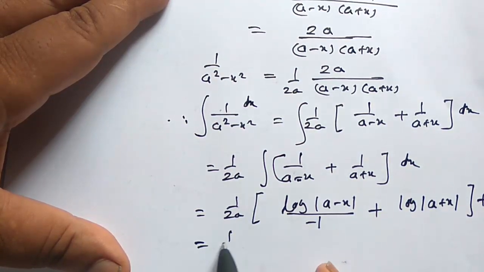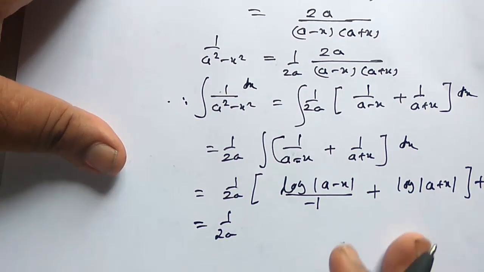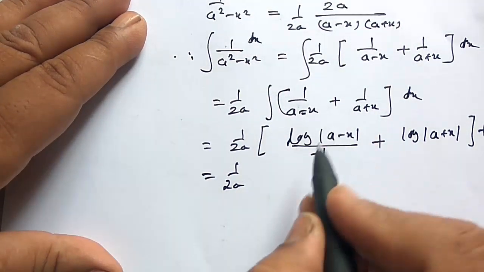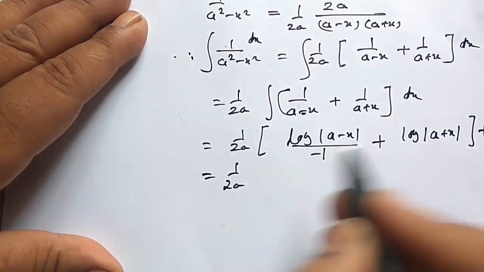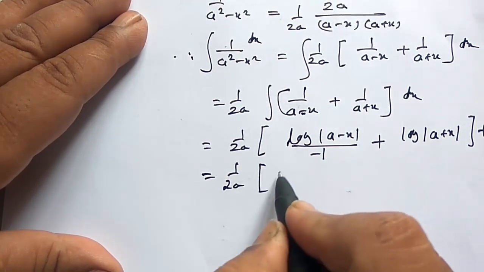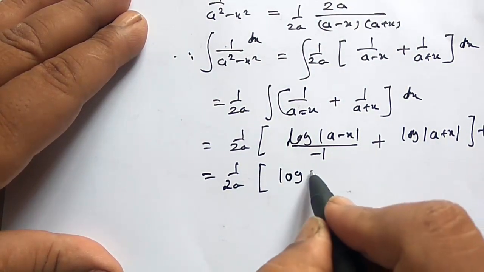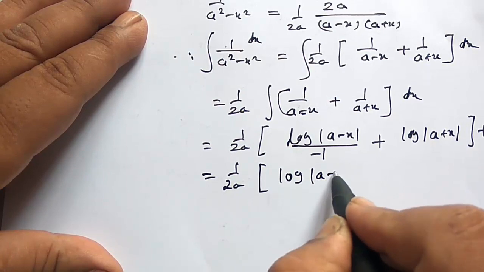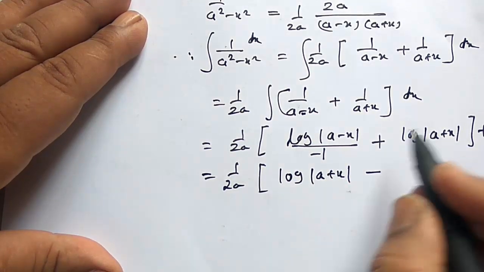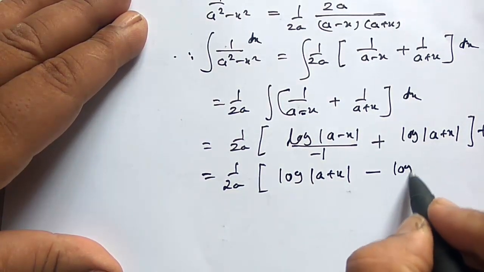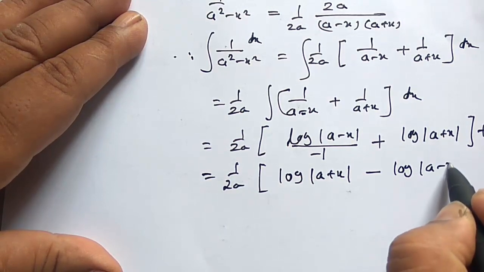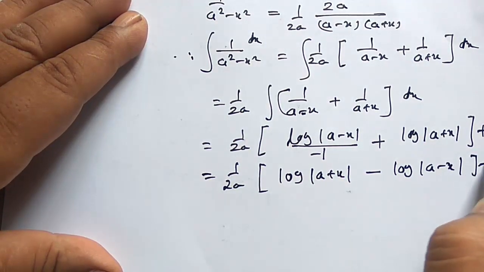So this is equal to 1 upon twice a. So it becomes minus. So we take the second term first, that is log of a plus x, bracket complete, minus log of a minus x, plus c.